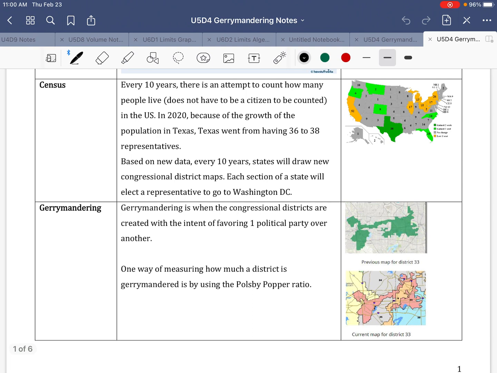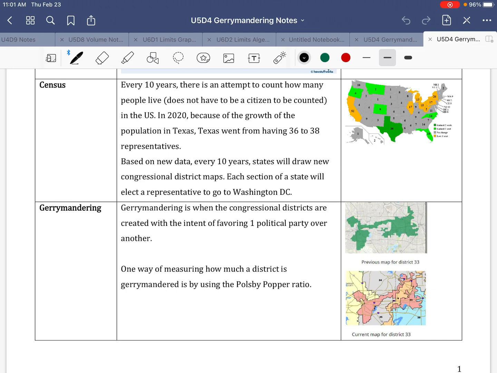Gerrymandering is when the congressional district is created with the intent of favoring one political party over the other. So since Texas has 38 representatives, the Texas state government can decide how they want to break up the state of Texas so that we have 38 districts.